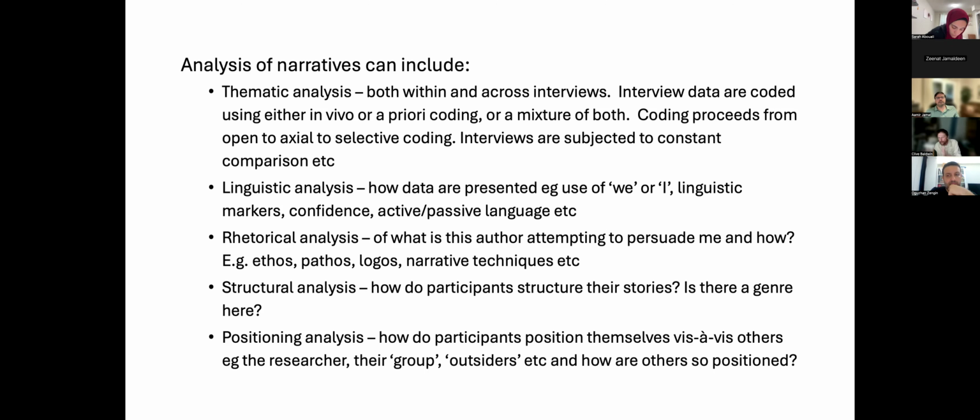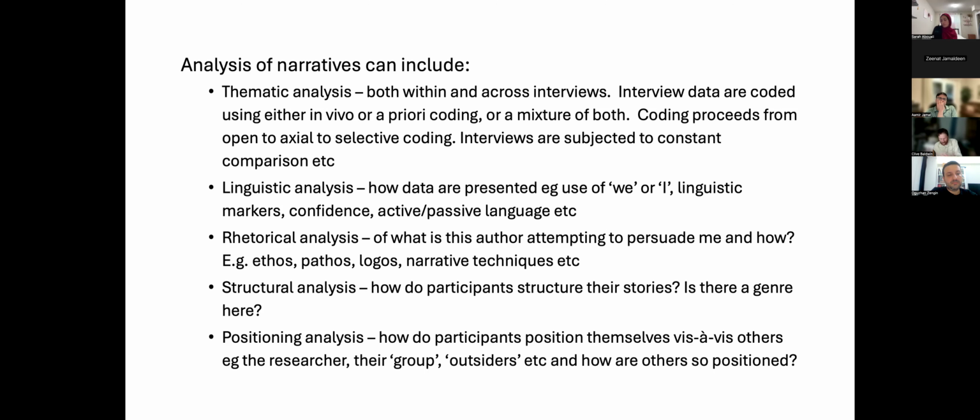Is there a wider shaped story to which they conform? So, for example, in the stories of Alcoholics Anonymous, quite a lot of narrative research that's done there says there is a template that you fit your story to. It's a genre that has certain features that you can't stray away from.